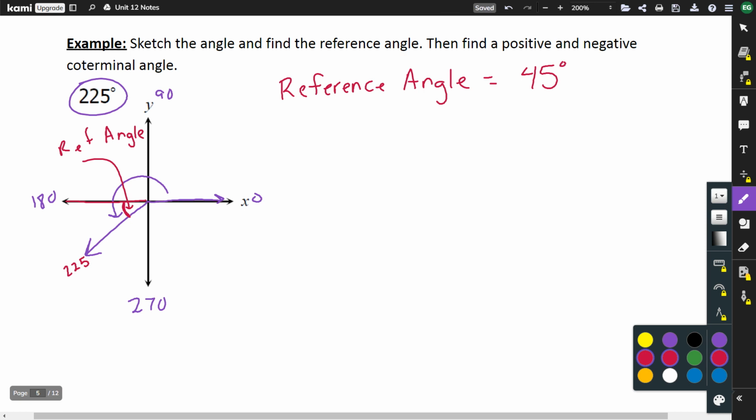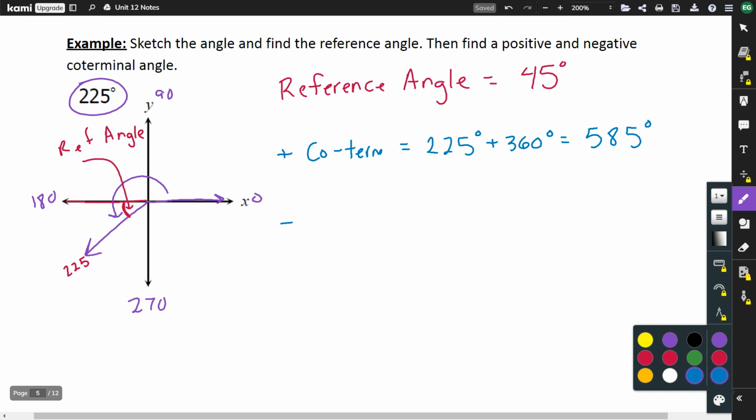Now, we also want to find a positive and a negative coterminal angle. So for a positive coterminal, what I can do is I can take my original angle of 225 degrees and I can just add a revolution, which is 360 degrees. Right? If I add those together, that gives me 585 degrees.